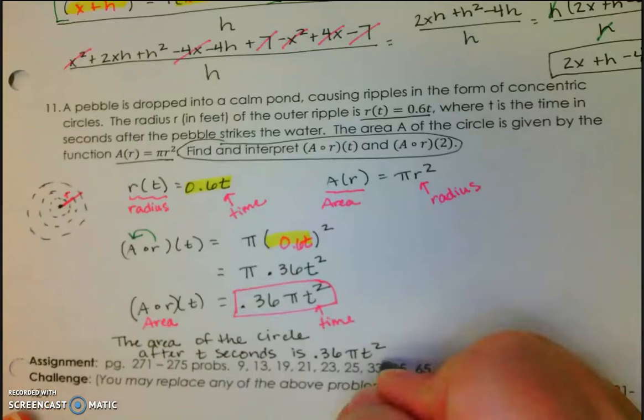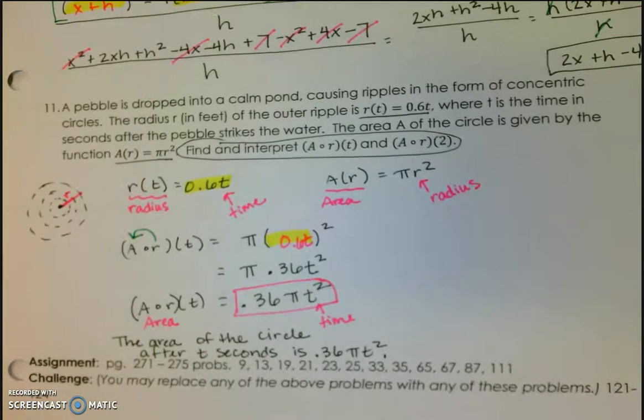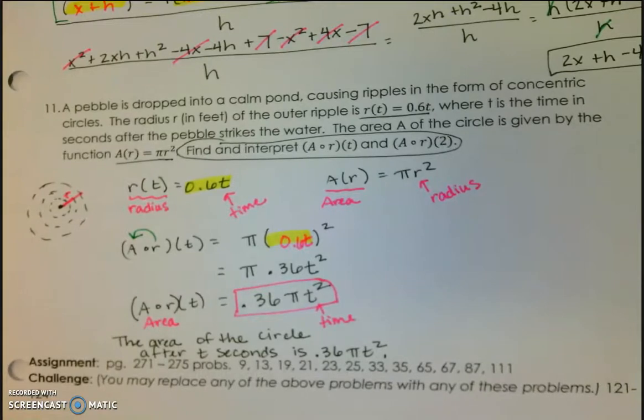That's what we just found. So when it asks you for the interpretation, I think it's helpful if you label what you have and then you just write a sentence telling what those labels are.